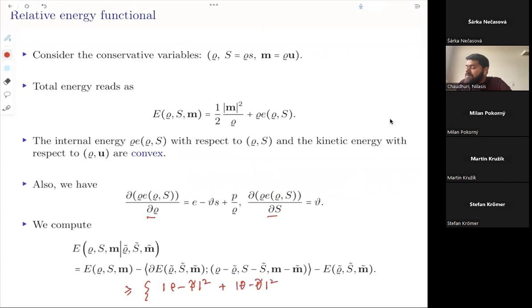No, not S, but capital S, and then eventually capital S minus S. And then eventually you can do more on that.